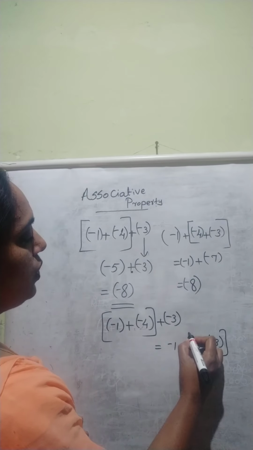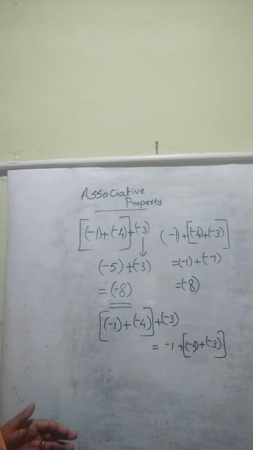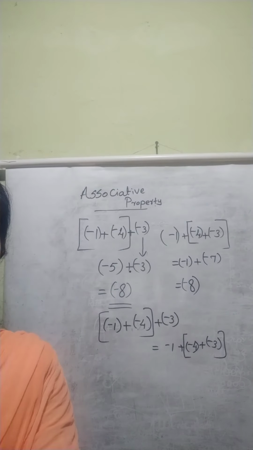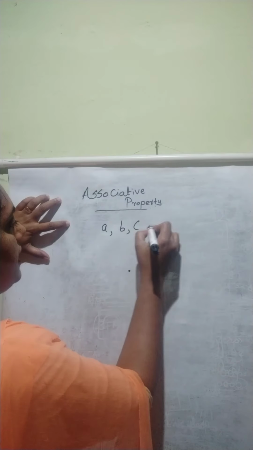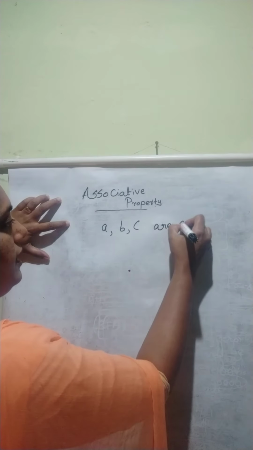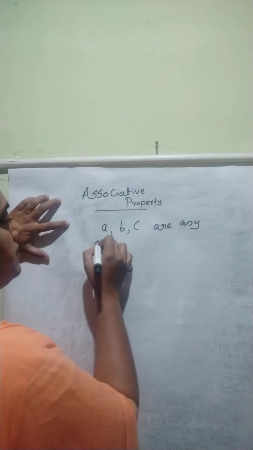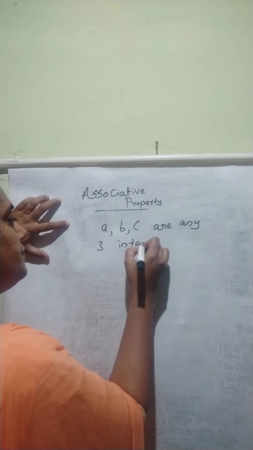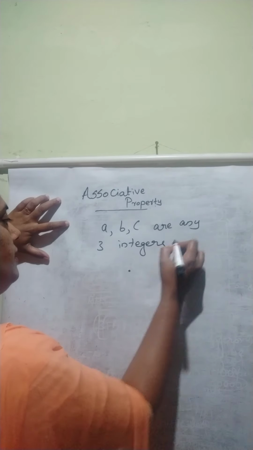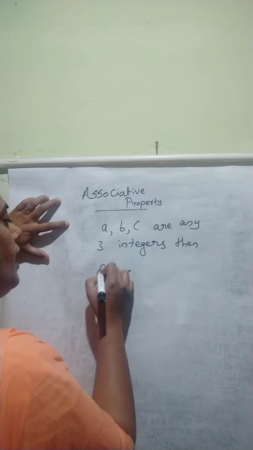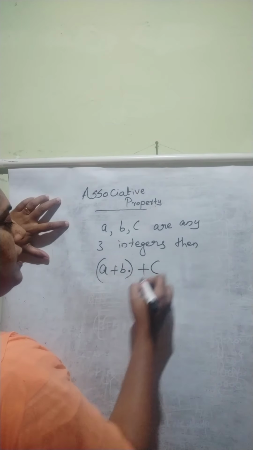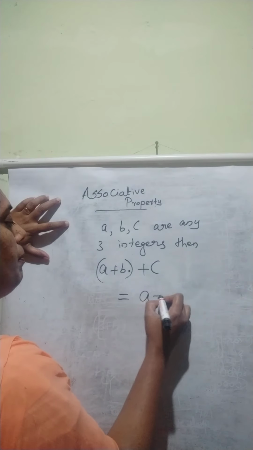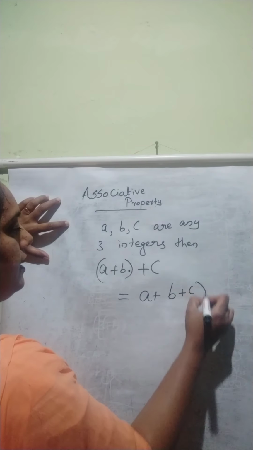Clear? So, we can say if A, B, C are any three integers, then (A plus B) plus C is equal to A plus (B plus C).